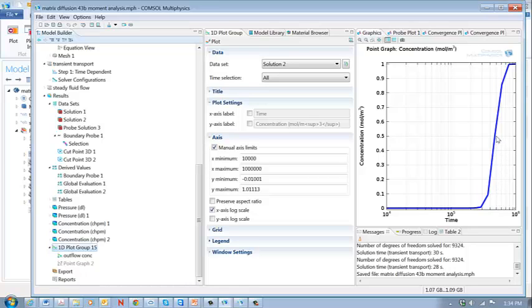And we see that the concentration reaches about 0.5 when the time equals 5e to the fifth. Well, that 5e to the fifth is the travel time of the water. So this is how long it takes the water to go through the fracture.